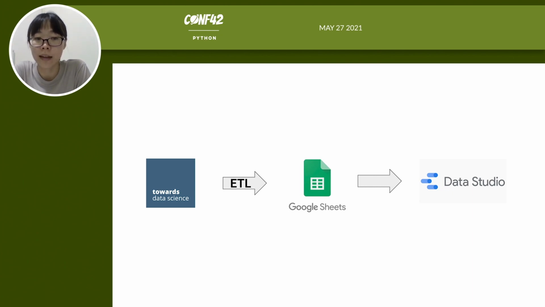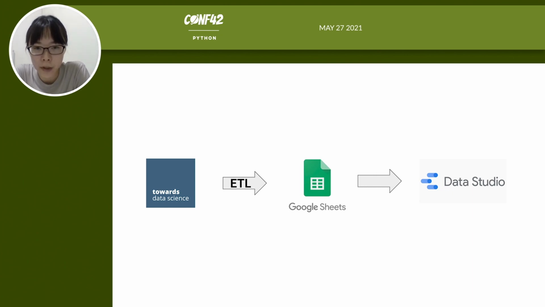There are a lot of articles being published on a day-to-day basis. What I try to do over here is to extract the titles of these articles and store them somewhere so that I can use them for further analysis later on.